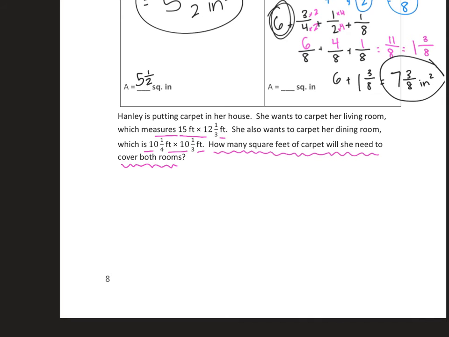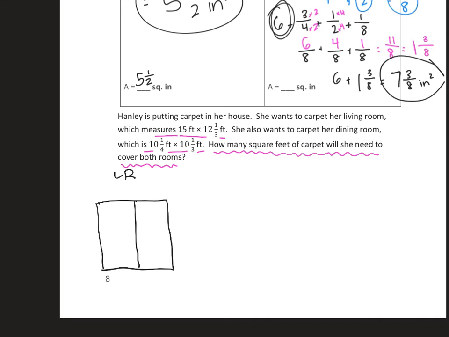So we're going to start with the living room. Okay. So I'm going to put LR. And I'm going to draw my area model here. Okay. And we have 15 times 12 1/3.